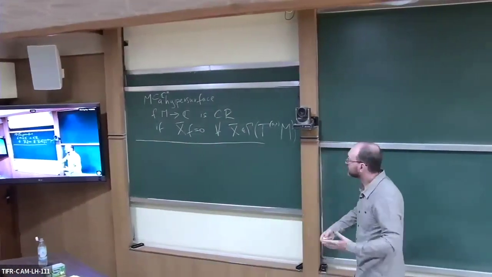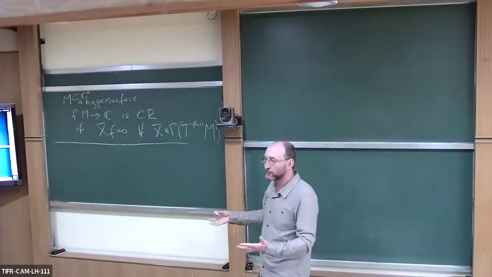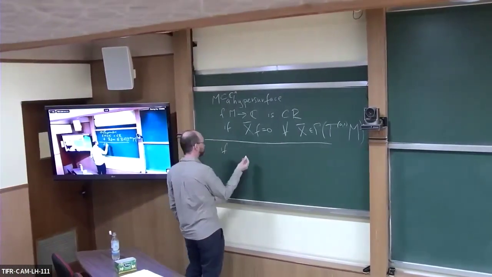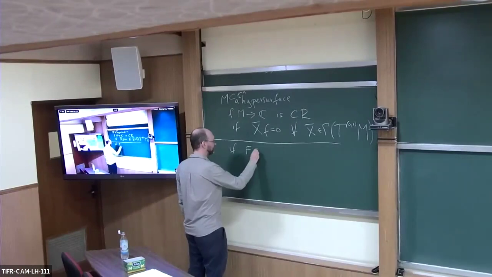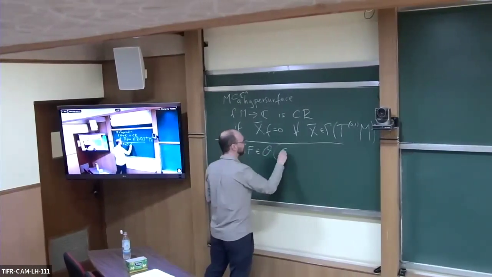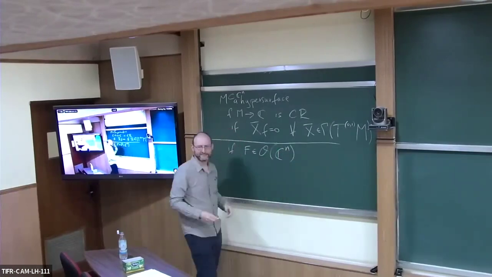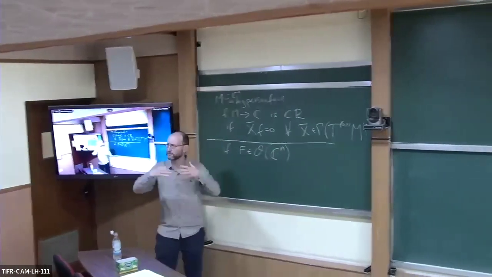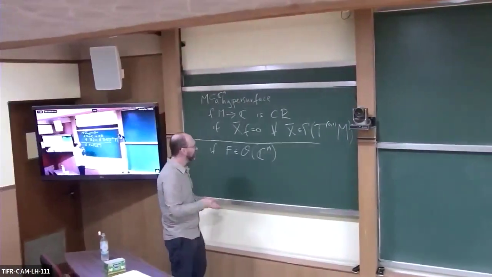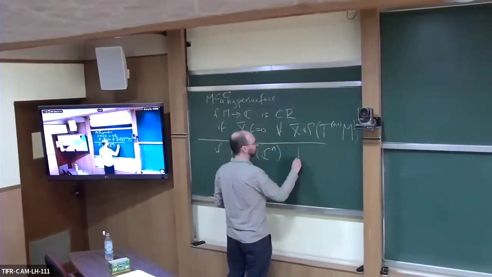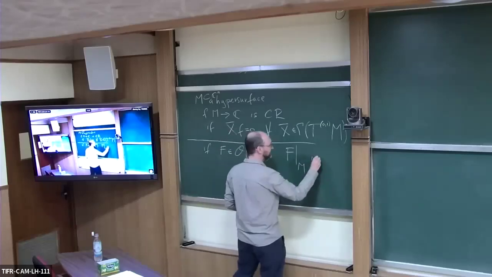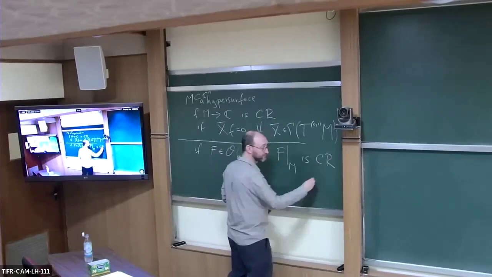These are a generalization of holomorphic functions, because let's suppose something simpler. Suppose that I have a capital F holomorphic in some neighborhood of M in Cn. It doesn't have to be all of Cn. Then capital F restricted to M is CR.